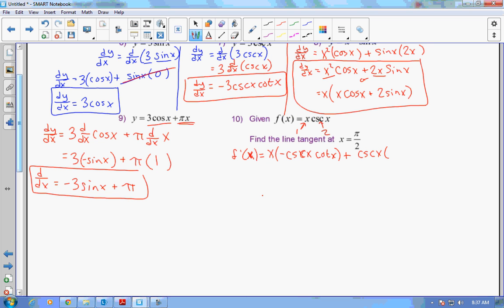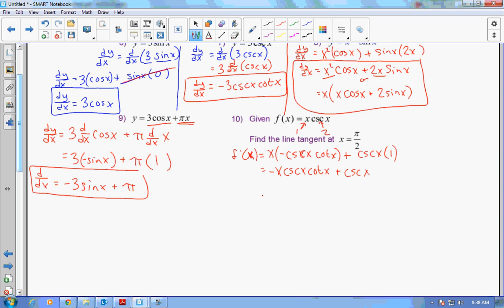Good. Okay, so we get negative x cosecant x cotangent x plus cosecant x. Do they have anything in common? You could factor out if it was handy at some point. Do these terms have anything in common?